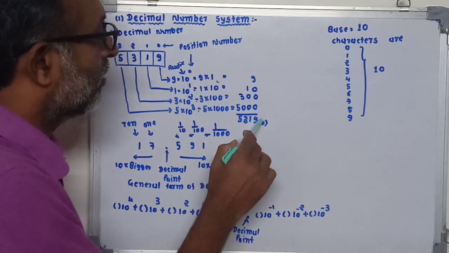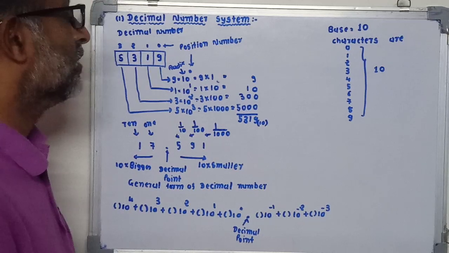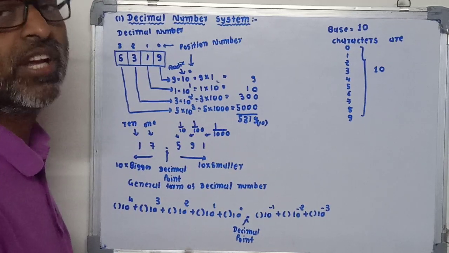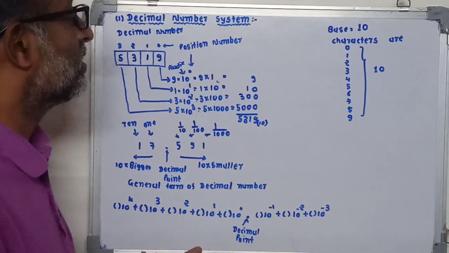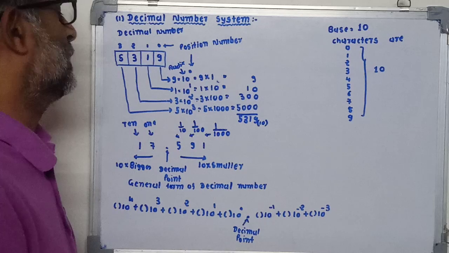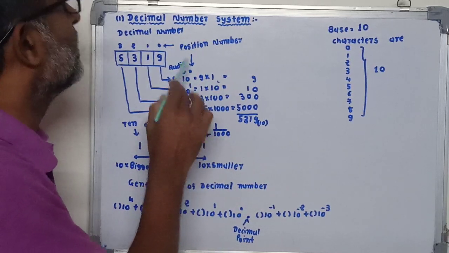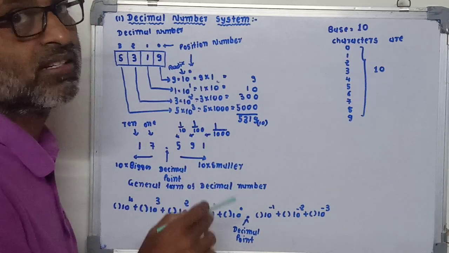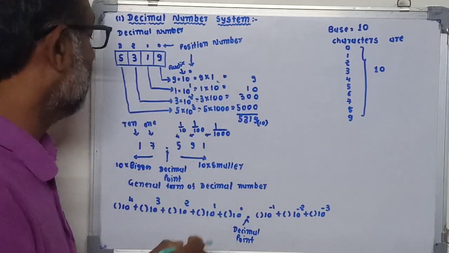Here I am writing 10 as the base. Generally we cannot write 10 like that, so at that time we can understand that this number system is the decimal number system. So it is very simple. Here the radix, that means the decimal number has radix 10 or base 10, and 0, 1, 2, 3 are the position numbers.